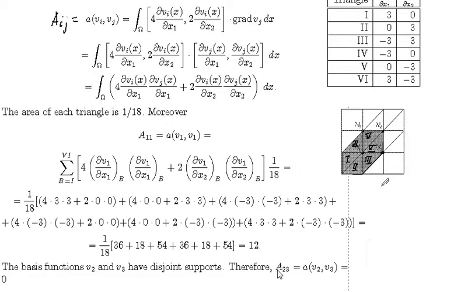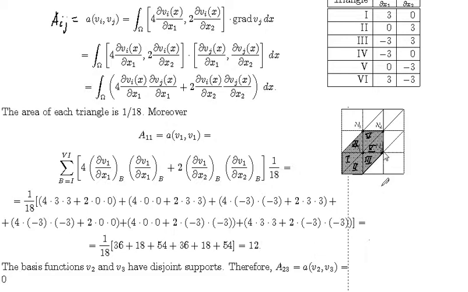This parameter A of 2, 3 is really simple to calculate because the support of the basis vector v2 and the support of the basis vector v3 are disjoint.